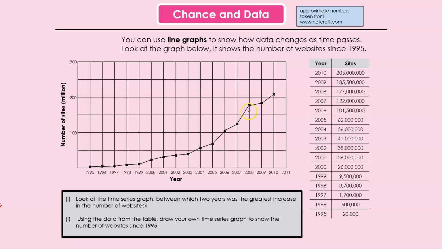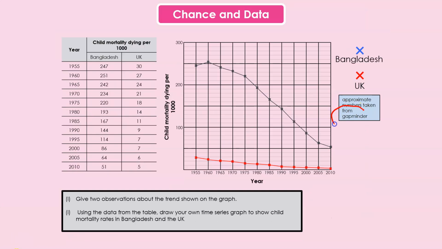So the bigger the increase, the larger the gradient, or the more steep the line is. So I would say certainly one year was between 2007 and 2008, which refers to those values on the table. The next one that's the biggest increase was between 2005 and 2006.